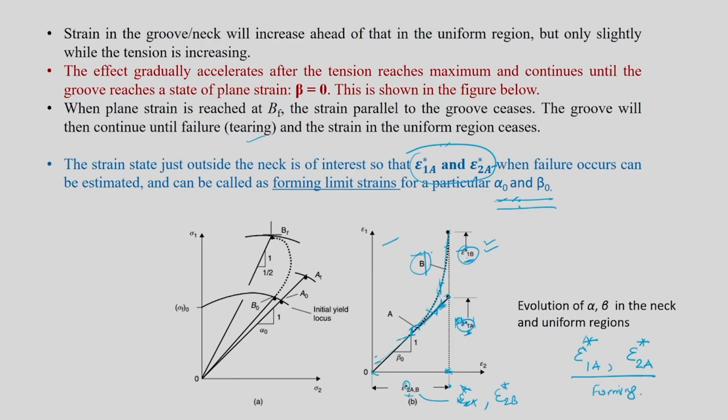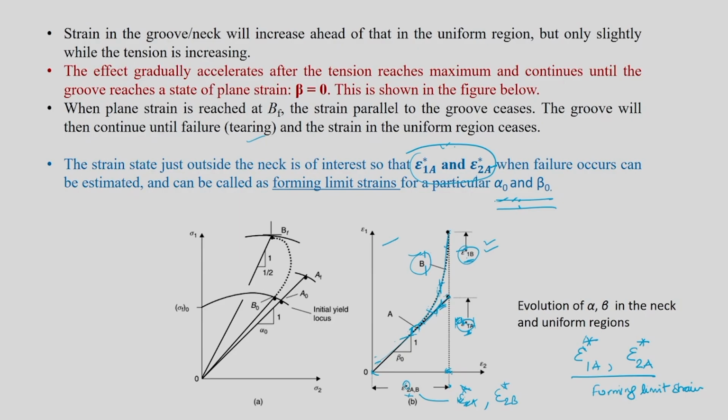The B region we do not choose because the B region is already a necked zone. So just to have a conservative approach, you pick a location just closer to the neck but in the uniform region and call that the forming limit strain. Theoretically you can predict like this.